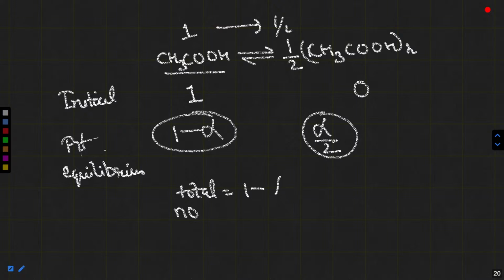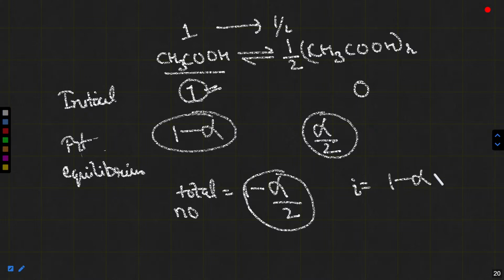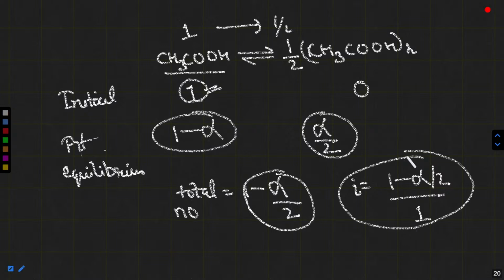It will give you 1 minus alpha by 2. What was the initial number of particles? It was 1. What is the final number of particles? It is 1 minus alpha by 2. Therefore, i is equal to (1 minus alpha by 2) by 1. So in this way you will do it. I think now you should be able to understand it in a much better way with the help of this example.